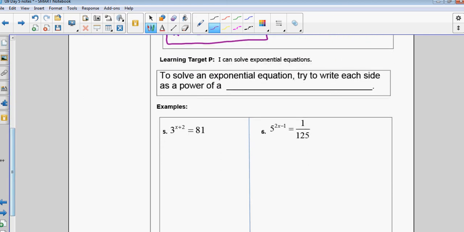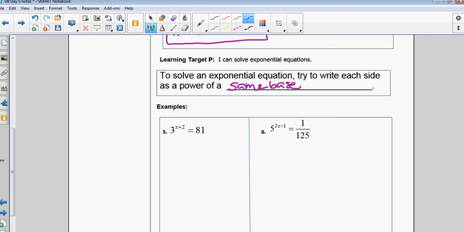Okay, so we're moving on to solving exponential equations. And one strategy to solve an exponential equation is to try to write each side as a power of the same base. That won't always work for you, but today it's going to work. So we have 3 to the x plus 2 is equal to 81.